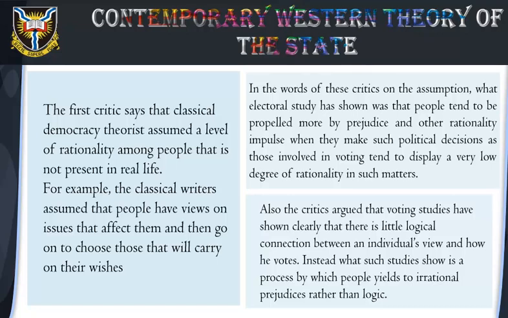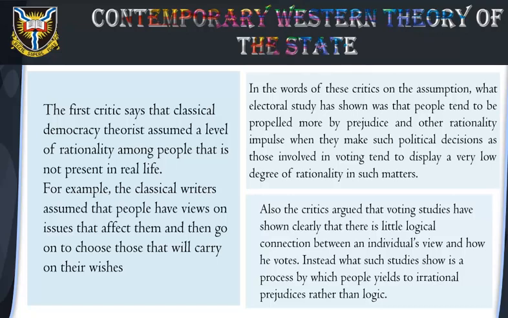For example, the classical writers assumed that people have views on issues that affect them and then go on to choose those who will carry out their wishes. According to these critics, electoral studies have shown that people tend to be propelled more by prejudice and irrational impulse when they make political decisions, and those involved in voting tend to display a very low degree of rationality.